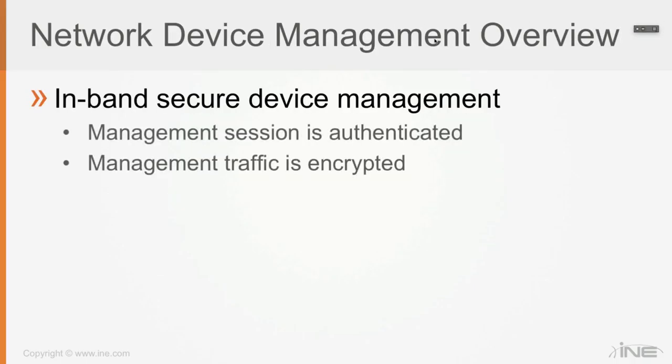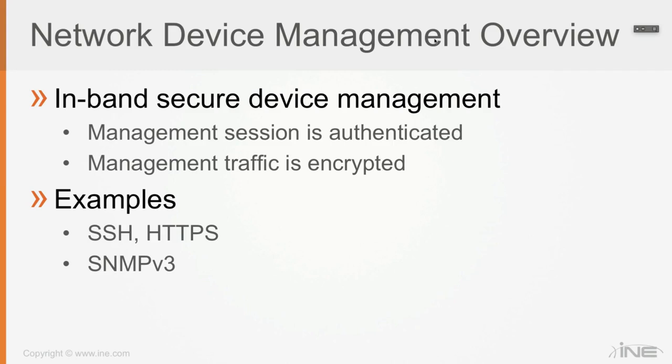Now, secure device management means that the management session is authenticated, of course, just like in non-secure, but the management traffic is also encrypted. So for that reason, we're going to replace Telnet with SSH, HTTP with HTTPS, and SNMP version 2c with SNMP version 3.